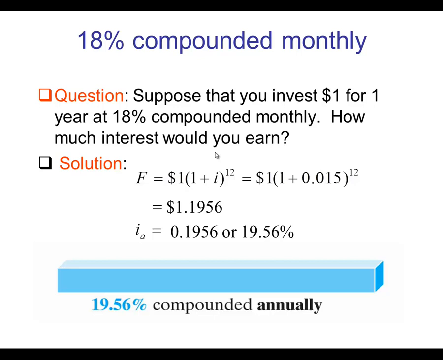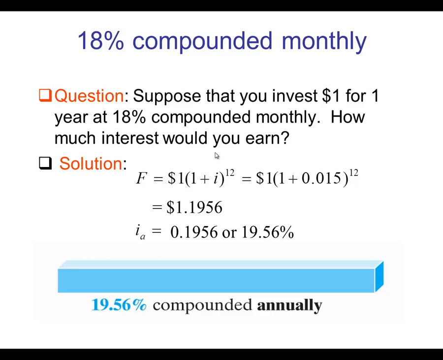And the formula is future amount is equal to 1, which is the principal, multiplied by (1 + i) to the power n, which is in this case 12. And of course i is 1.5%, so it will be 0.015. Calculating the value, it will give us $1 and around 19 cents, and that is after 12 months, or after a year.